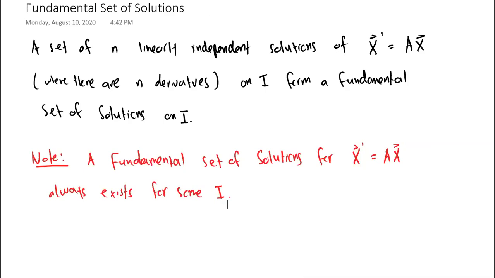Since we know that there exists a fundamental set of solutions, it's worthwhile for us to determine a way of finding n linearly independent solutions to an nth order system of linear ODEs.